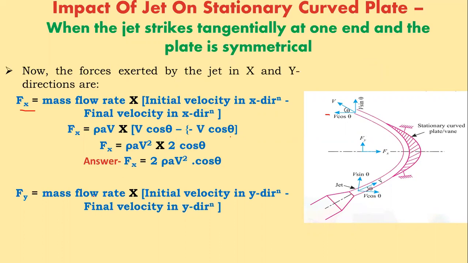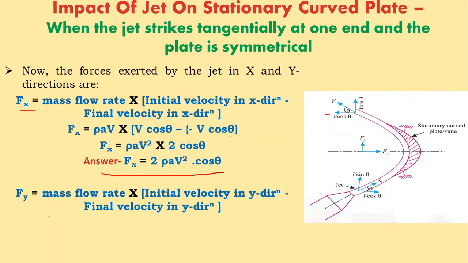Tell me the final value of Fy, just as we have found Fx here in the answer. V sin theta minus v sin theta is equal to zero, sir. Fy is equal to 0. Fy is equal to Fx? How?